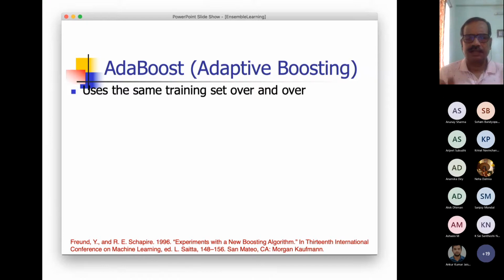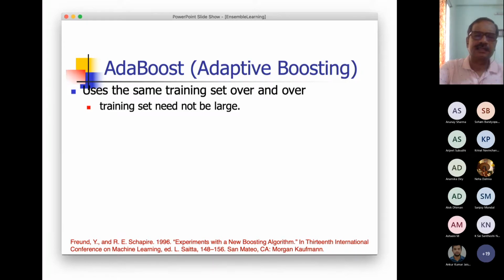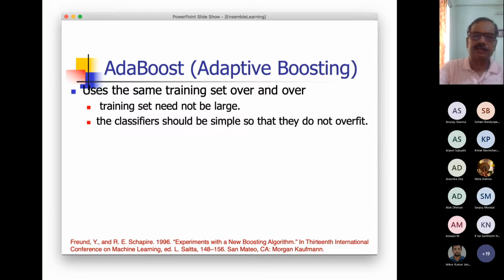If the performance is good, the weight is kind of inversely proportional to that performance. We'll see that. Let us consider that your training set need not be large, for the first thing. Classifiers should be simple so that they do not overfit.